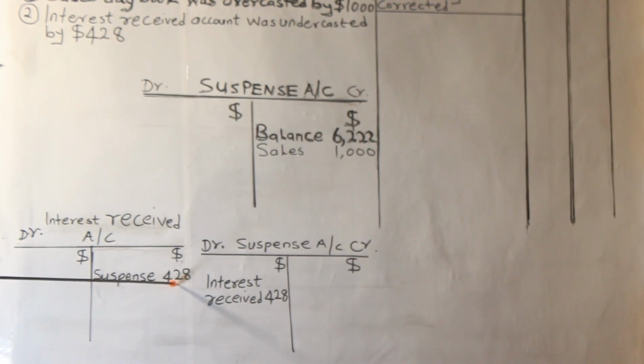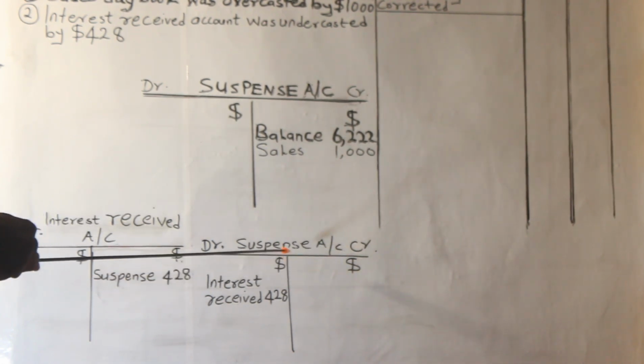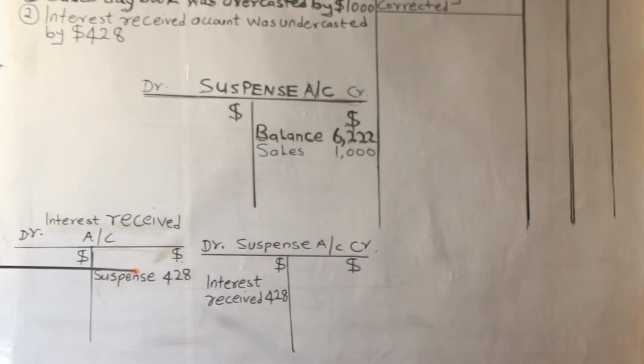This 428 will be posted or recorded at the debit side of the suspense account, since its resultant effect is that it succeeded in increasing the debit side of the account, which means that it increased the trial balance by 428. Let us demonstrate this. After posting it here, we demonstrate this to make you understand why this 428 has to be debited, because as we said, it has increased the debit side. So let's post this to the suspense account on the debit.